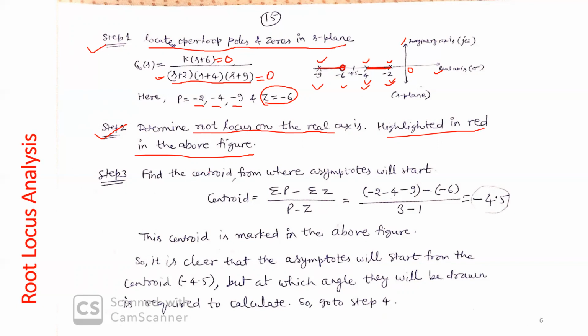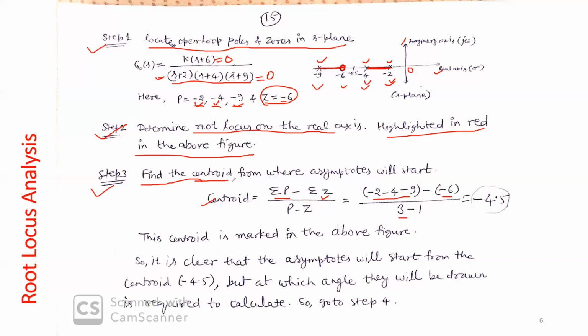Third point. Now you calculate the centroid. Centroid is nothing but the center of the asymptotes, the point from which the asymptotes will start. So this is the formula: summation of poles, we have -2, -4, -9, minus summation of zeros, I have only -6, divided by the number of poles minus the number of zeros.